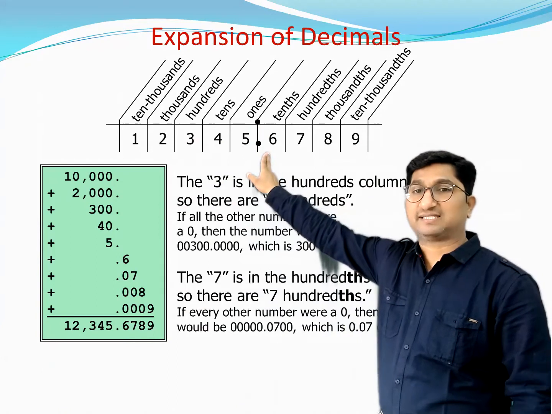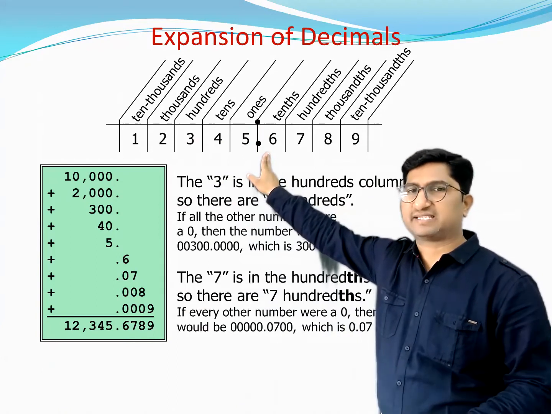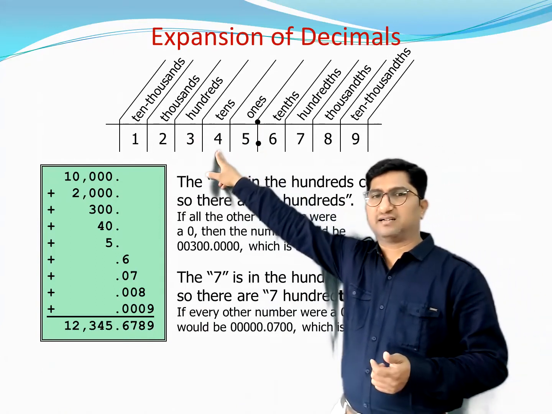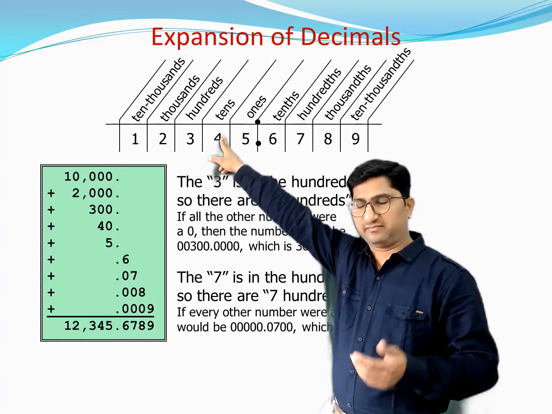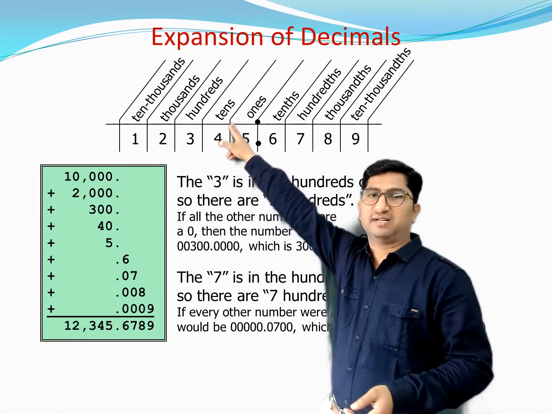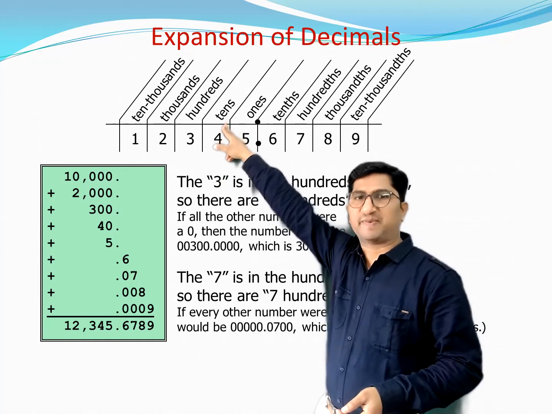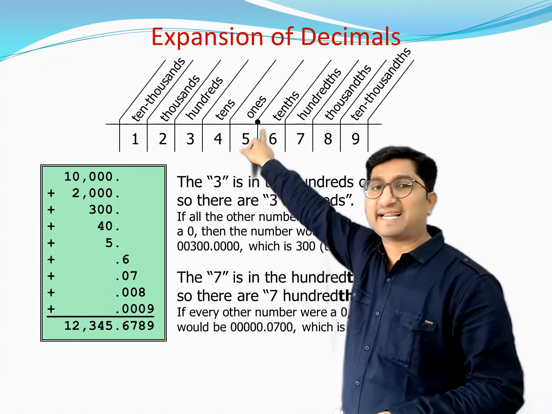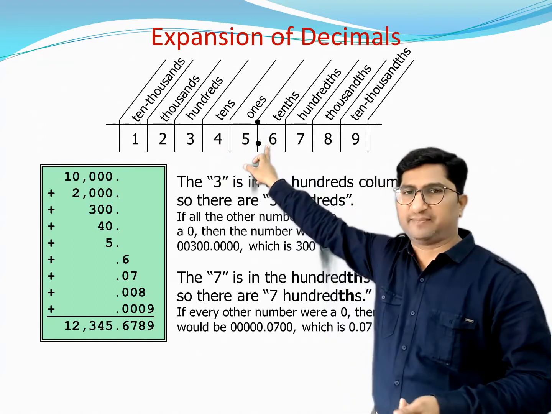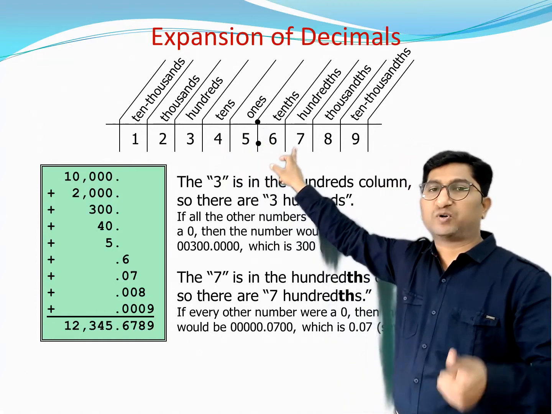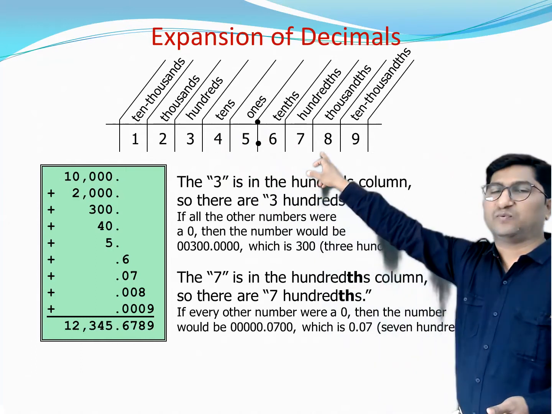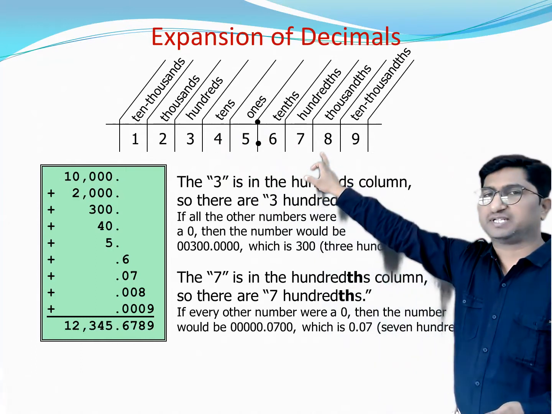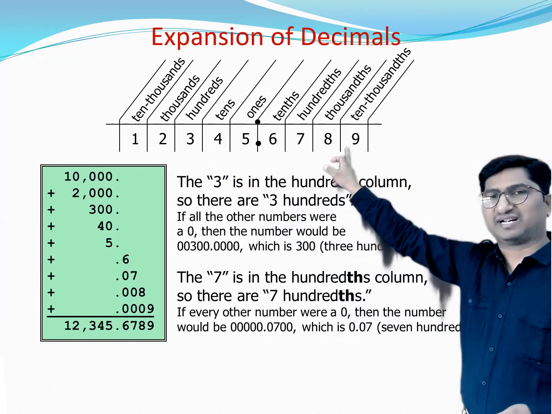It is not tens, it's tenths. Tenths means 1 upon 10, hundredths 1 upon 100, thousandths 1 upon 1000. Here 8 upon 1000, 9 upon 10,000.